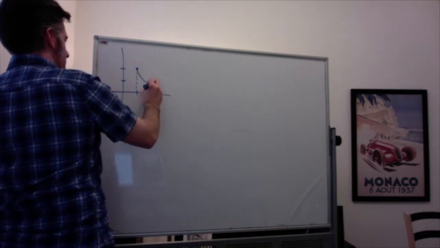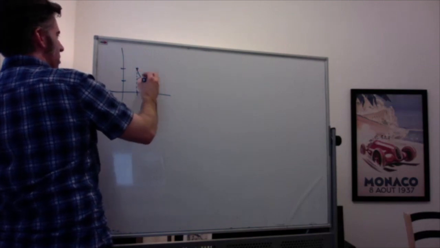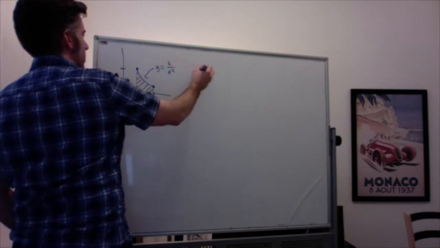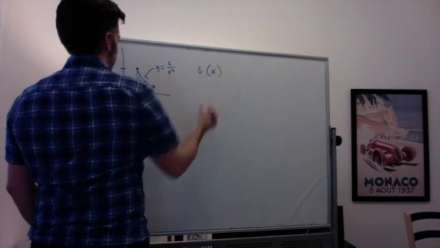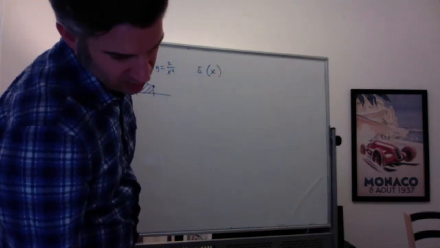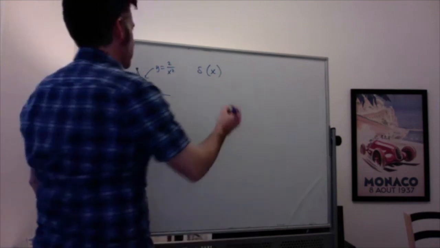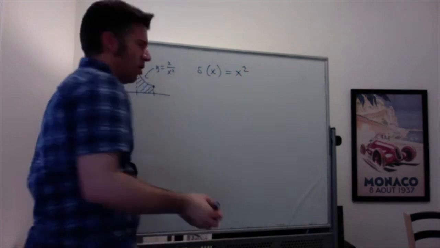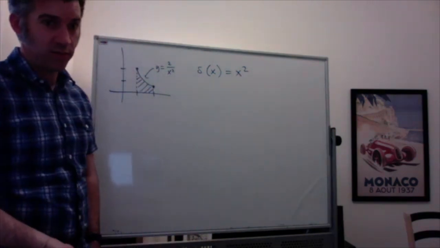So I'm looking at this plate. That curve is y equal to 2 over x squared. And the density at x, and sometimes the density can depend on x and y, but most of these just depend on x. The density is given by x squared, which hopefully will make this not terrible.